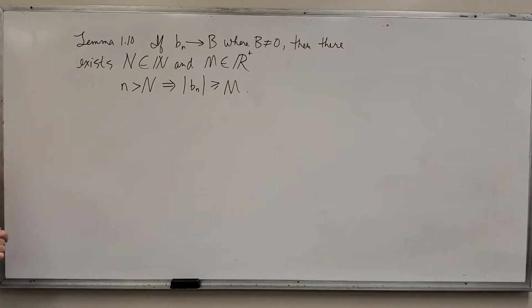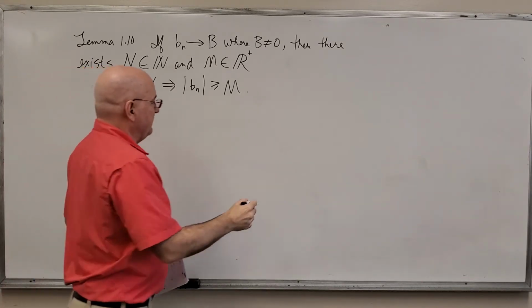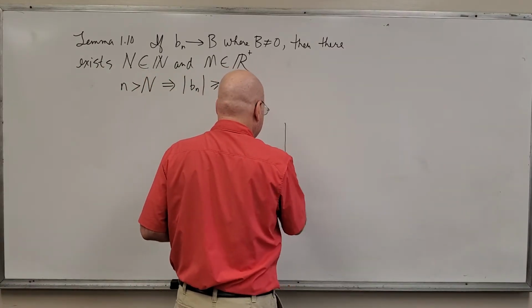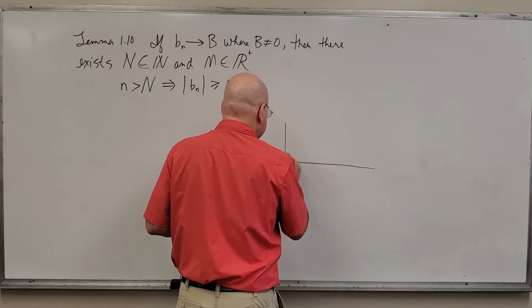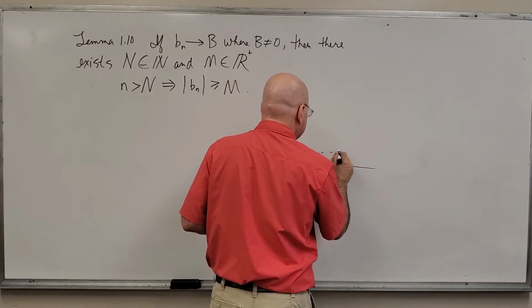So before we do the proof, I'll draw a little picture of it, but let's make sure we understand what's being said here. Bn converges to B. Let's say that B is there.